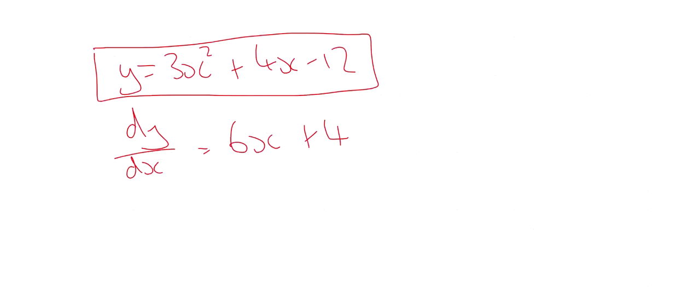So because this is something like that, right? That is a positive quadratic. This gradient is constantly changing, right? What does the gradient measure? Steepness. So if we're measuring steepness and we do not have a linear equation, the steepness is constantly changing. So all we can ever do is find the gradient at a point.